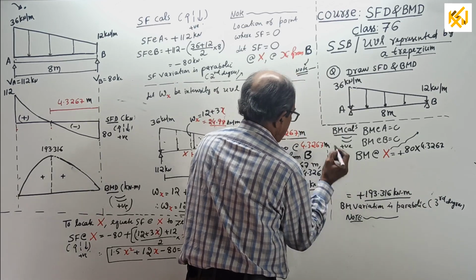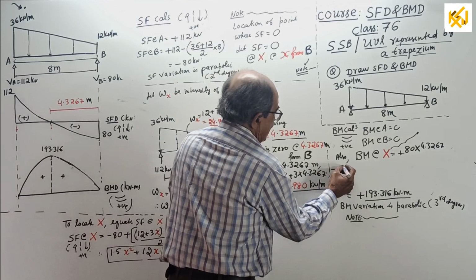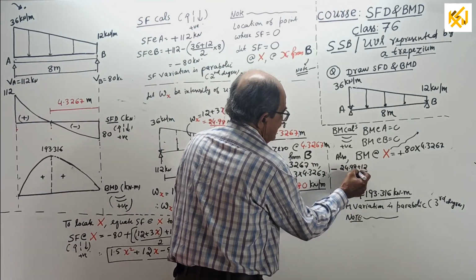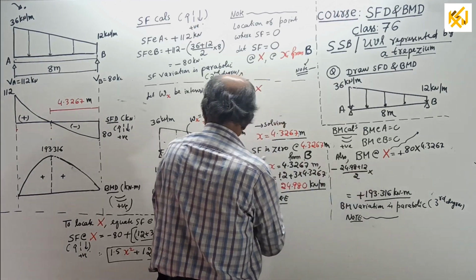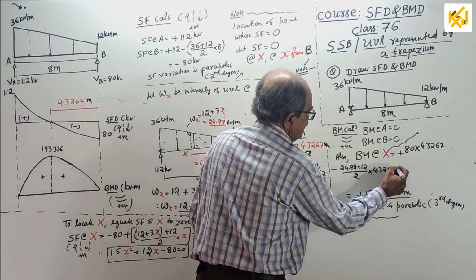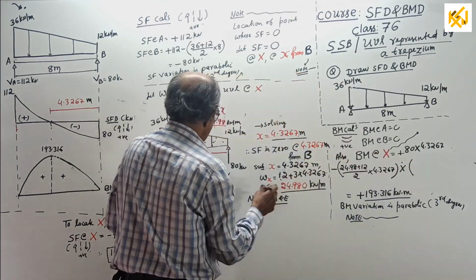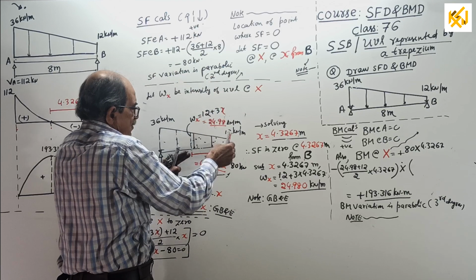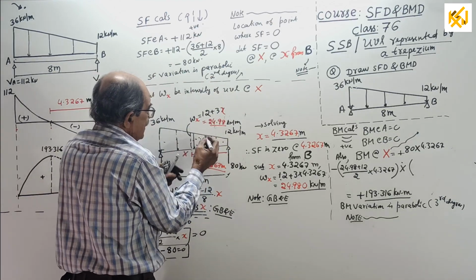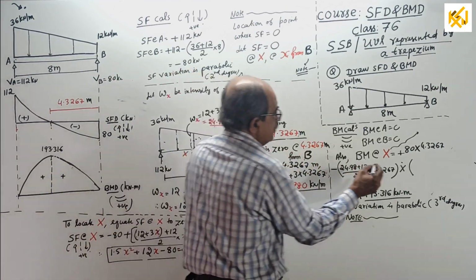Then minus the moment of this load, 24.98 plus 12 divided by 2 into 4.3267, which is the total load, multiplied by, I am not explaining why, this reaction into x positive minus the moment of this load. The total load will act here, from here to here I want.